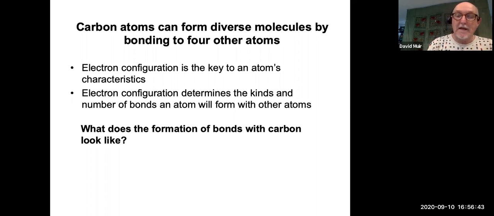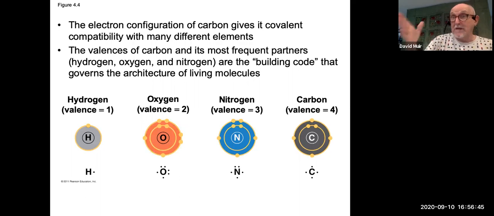And when we look at carbon, especially in biological systems, there are only a few other atoms that we usually have to consider. And the most important is hydrogen. That is the commonest. The next is oxygen.